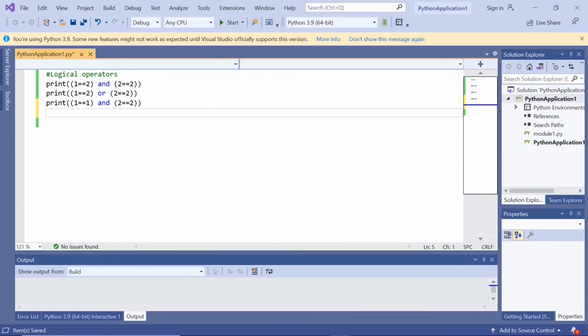Now the same thing, we can negate. If you say not, then it is negating it.